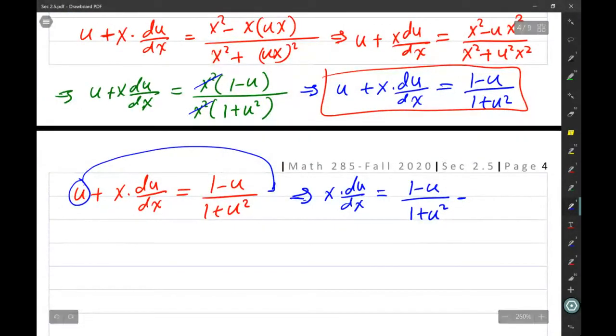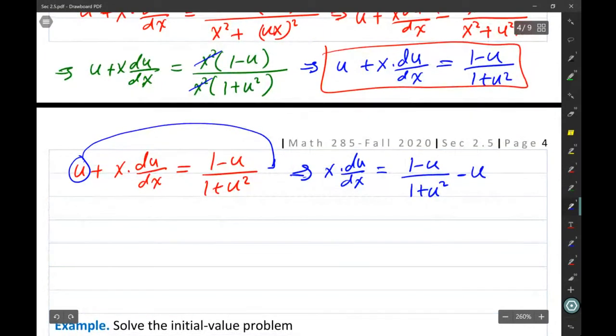Minus u, but here we need now to unify the right hand side.